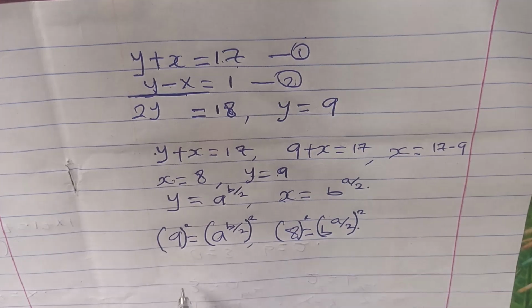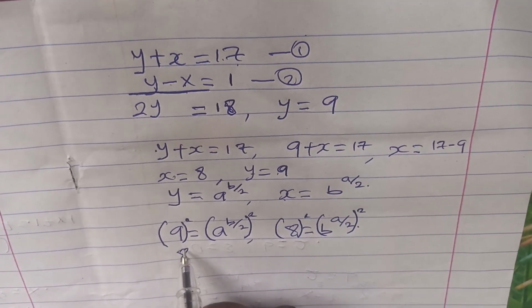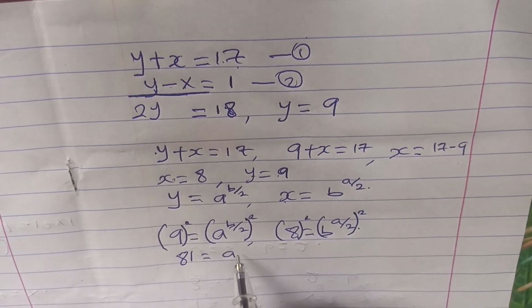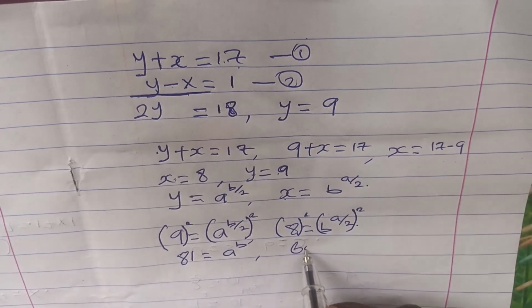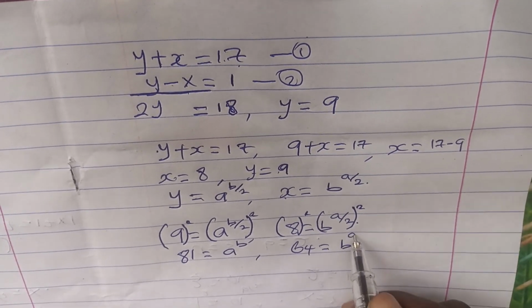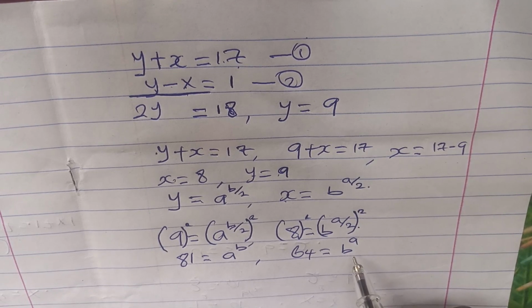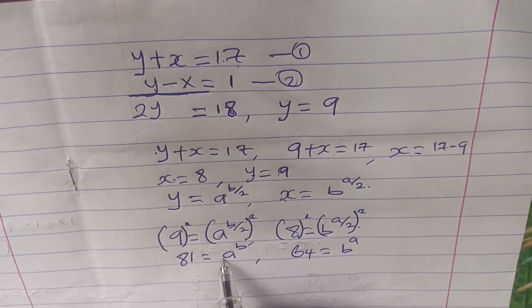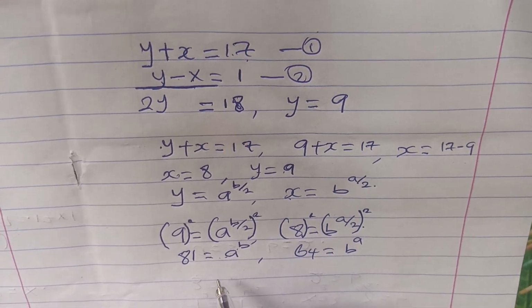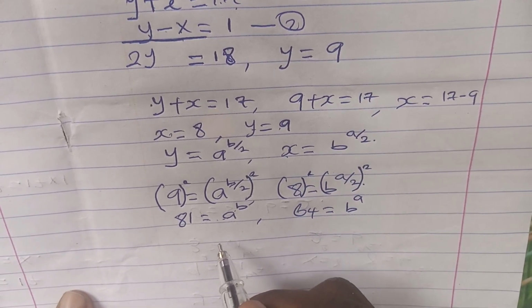If we square this, we have 81 is equal to a to the power of b, and 64 is equal to b to the power of a. So what then is the value of a and b? Let's see how we can solve this.